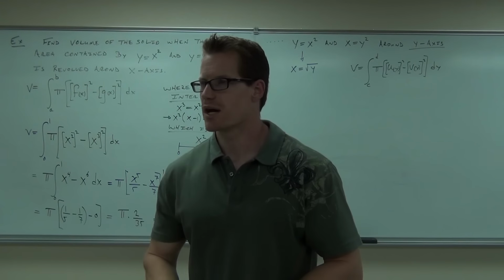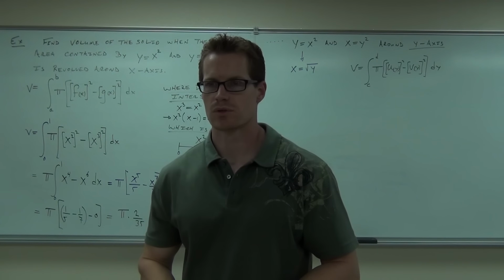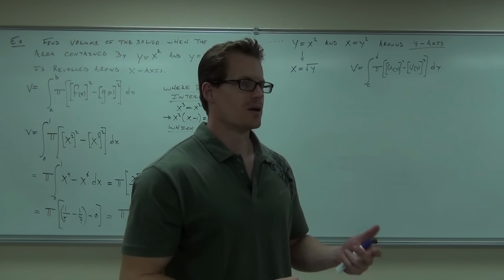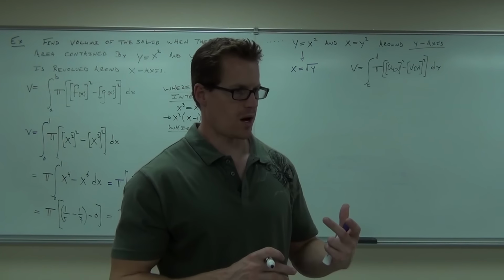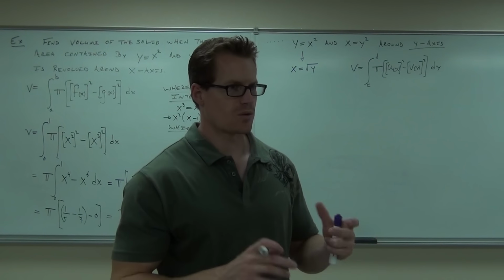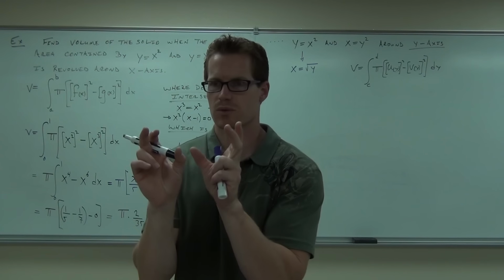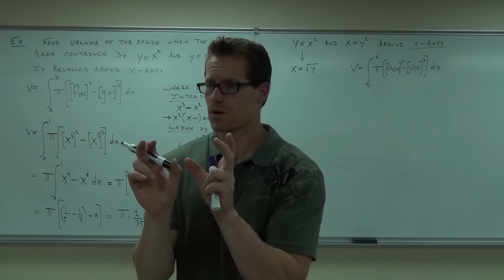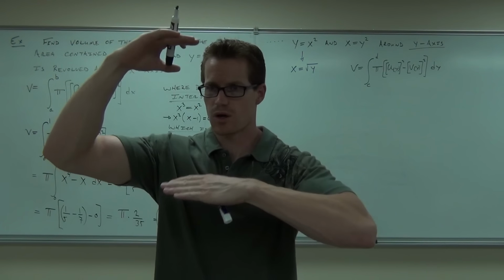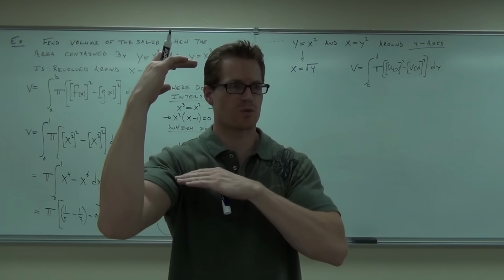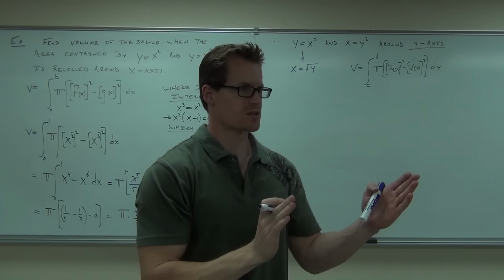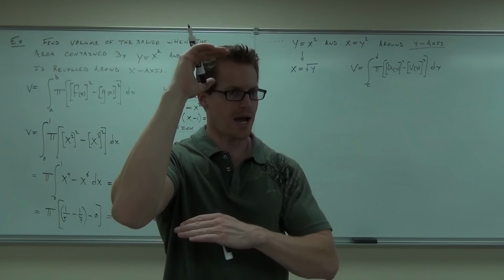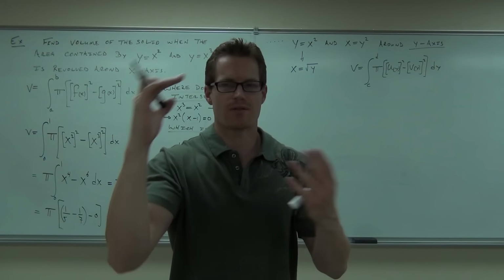Someone said bounds. How do you find bounds? Now, check it out. Do you see why you need this in terms of y? If I set the functions in terms of y equal to each other, I will be solving for y's, right? And this is around the y-axis. It would be useless to solve for x's if I'm going around the y-axis. That wouldn't make any sense. That's why I have it in terms of y.